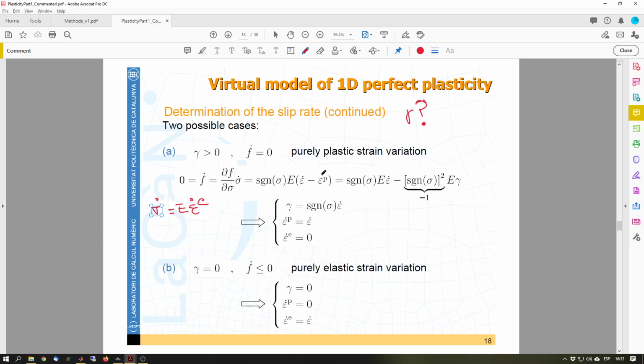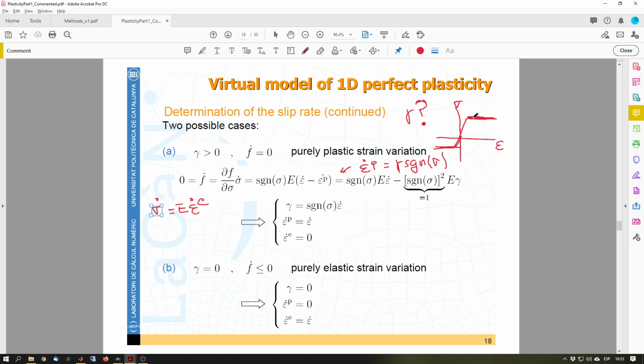But whenever epsilon p, remember that we said that my plastic strain rate is equal to gamma times the sign of sigma, in order to distinguish whether we are on the top or on the other of the two boundaries that we have.